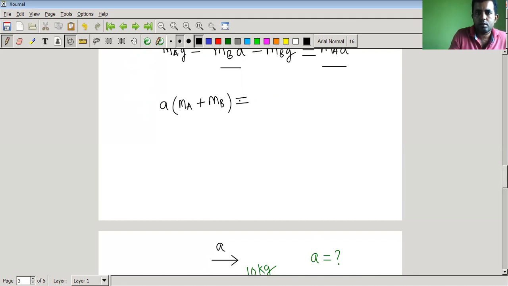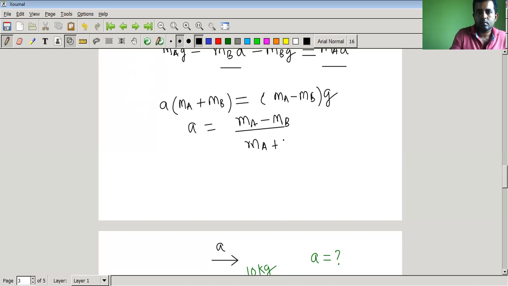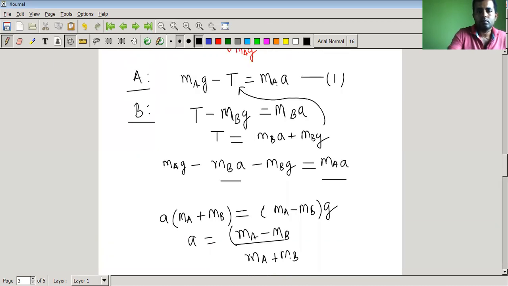This is common, this is common here. So the acceleration will be a = (MA - MB)g / (MA + MB). This is going to be our answer for the acceleration.